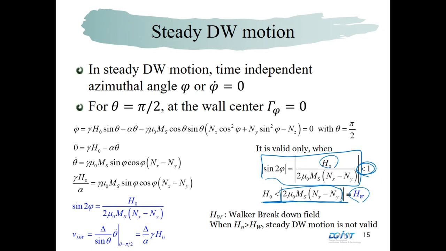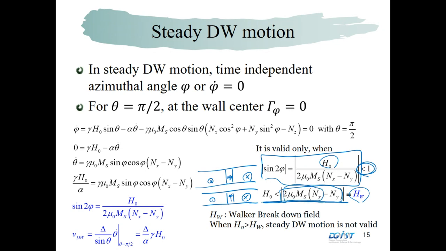This is the energy difference. We have a nanowire here, and let's say an up domain and a down domain here. The domain wall can be this way or this way. Which one is energetically preferred?